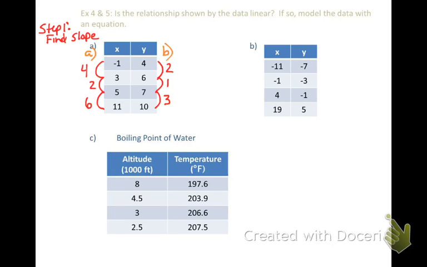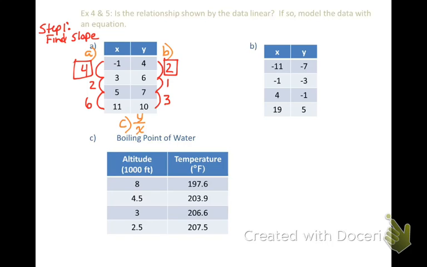Now to do C for it, you're going to put the formula y over x to find out, and we're going to see if they all equal each other. This is the only way you can find out. So here is x and here is y.